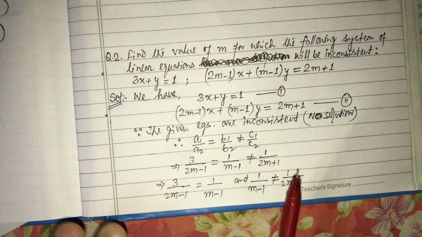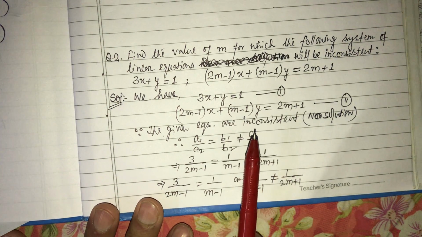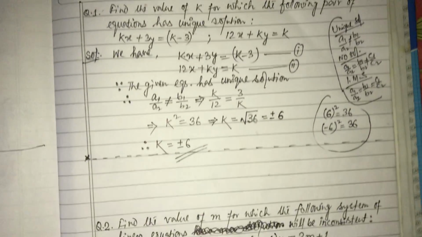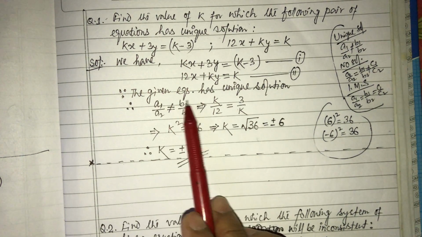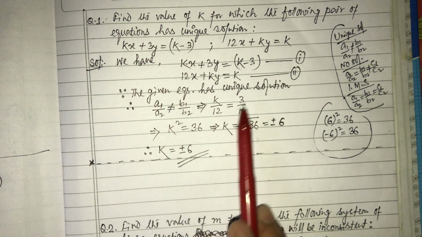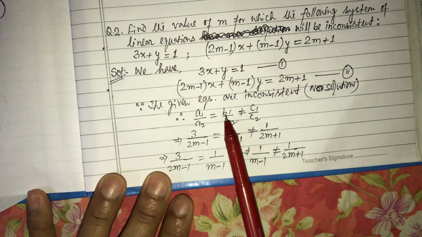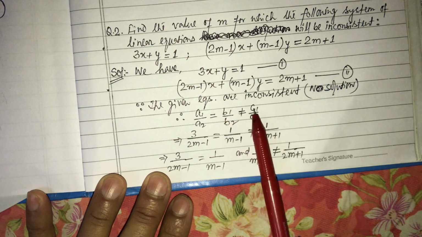Okay, so let me repeat again. In question number 1, if you remember, only one relation was there. I'll show you. Only one relation was there, this relation between these two only. So we got directly. But in this we have three relations, a1 by a2, b1 by b2 and c1 by c2.